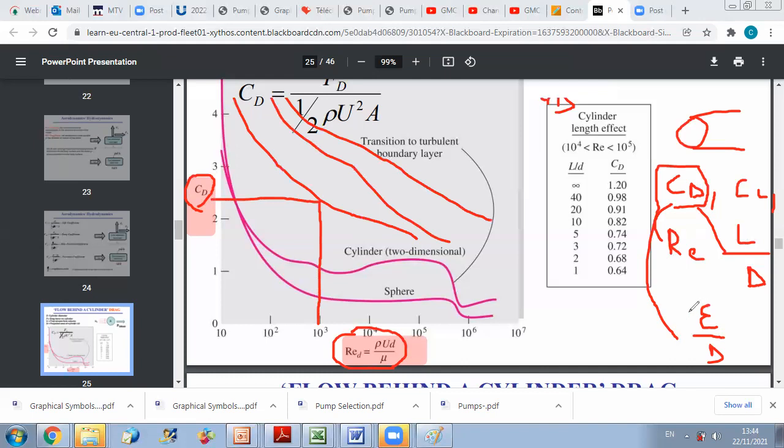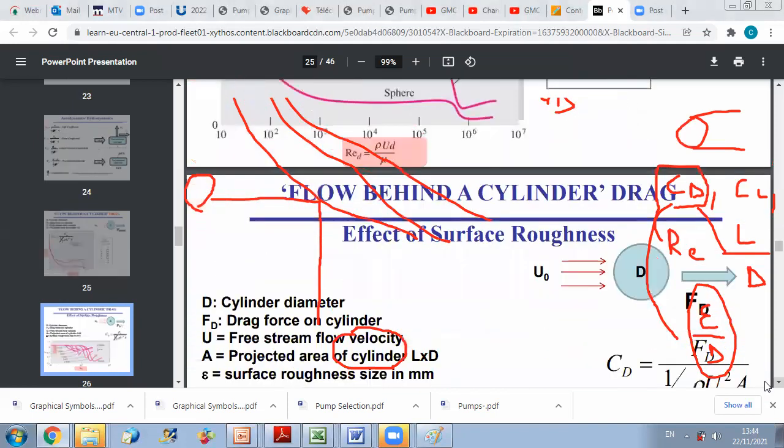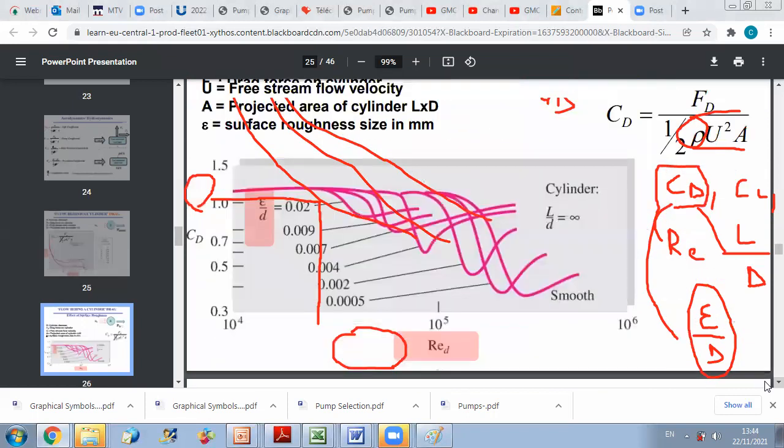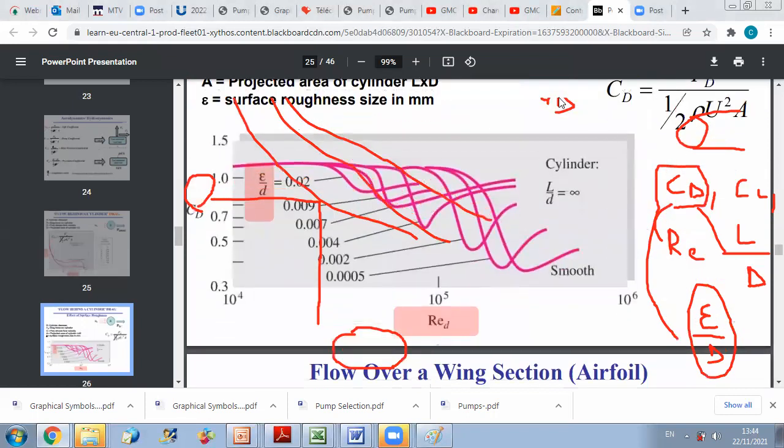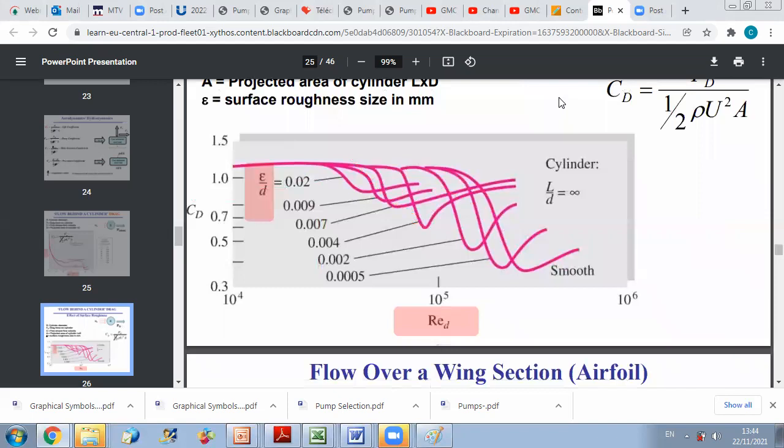Now, if I want to see the effect of epsilon over D, I need another chart representing several values of epsilon over D. So if you want to study the effect of roughness, you can fix L over D and vary epsilon over D. You can do a series of graphs to have all conditions implemented in your graph.